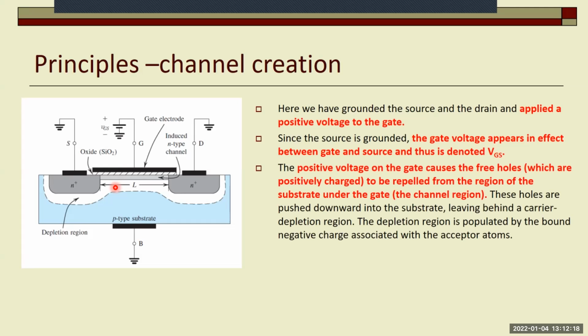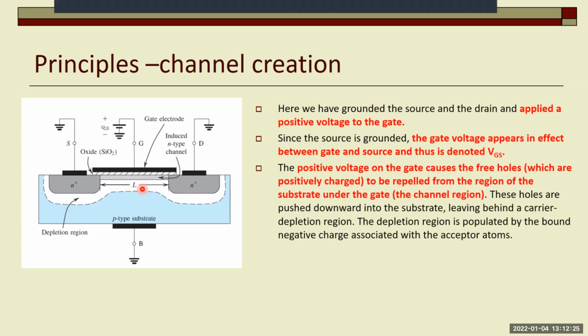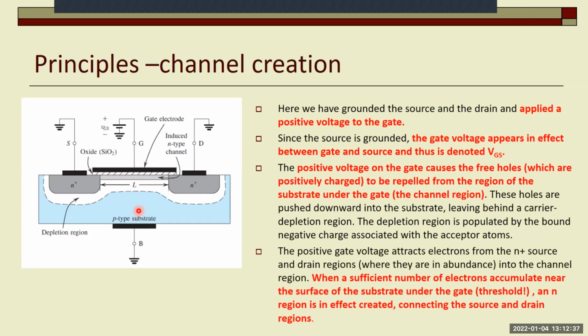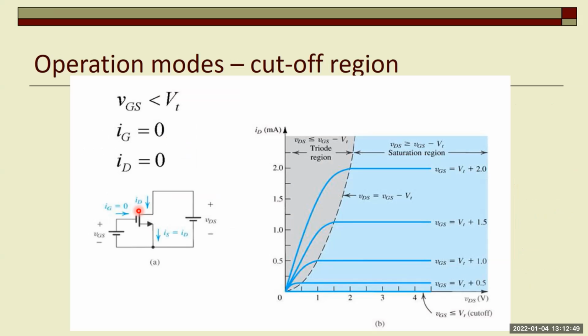The positive voltage at the gate causes the holes between these two regions to be pushed towards the base, and it pulls the electrons from the base or body, and this way creates a channel. And there is a threshold: when a sufficient number of electrons accumulate near the surface, then the source and drain regions are connected. The operation modes were three.